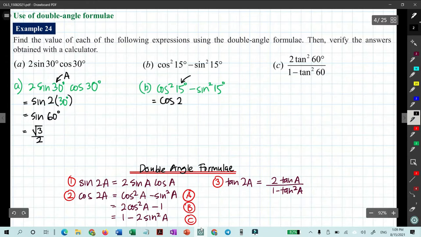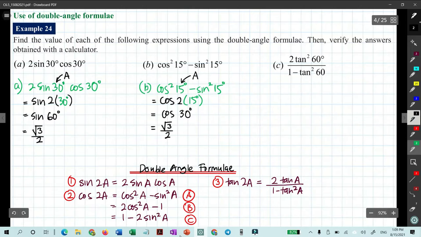In this case, A is equivalent to 15 degrees. So we substitute A with 15, and when you simplify this, you will get cos 30 degrees, and cos 30 is equivalent to square root of 3 over 2.